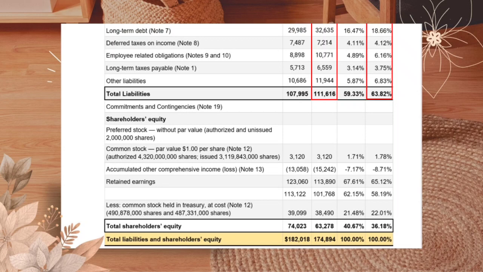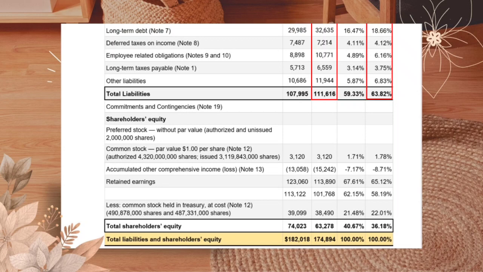Employee-related obligations is 10,771 divided by 174,894 times 100% is 6.16%. Long-term taxes payable is 6,559 divided by 174,894 times 100% is 3.75%.